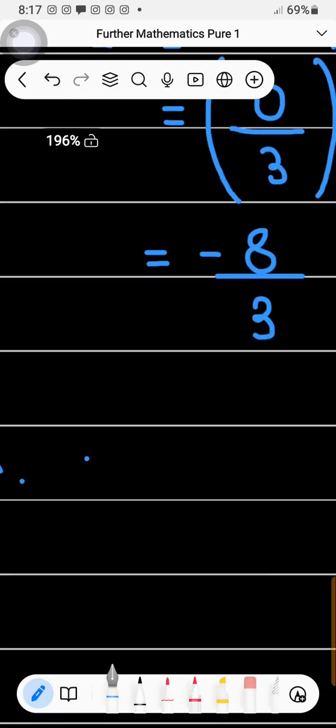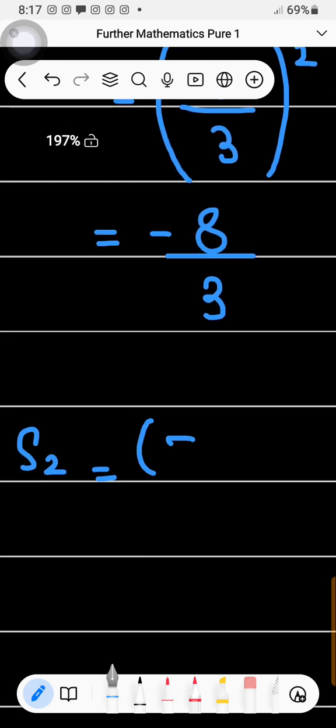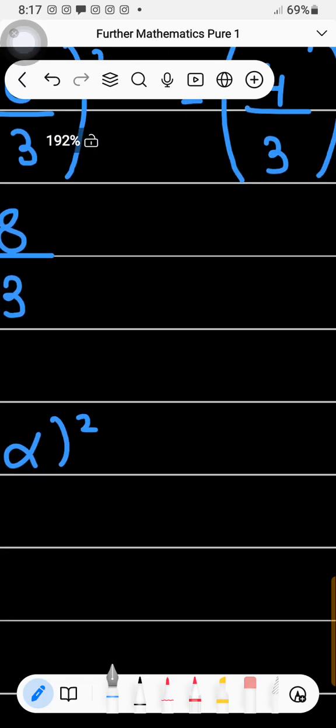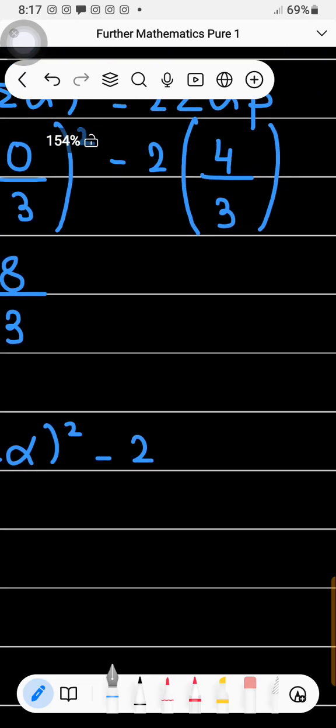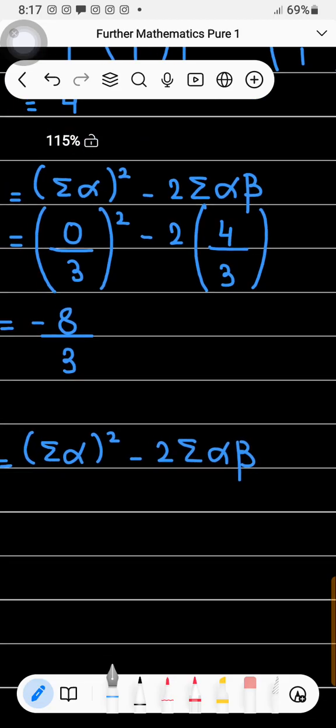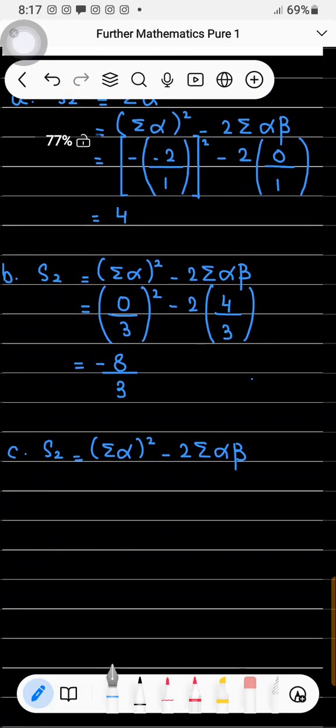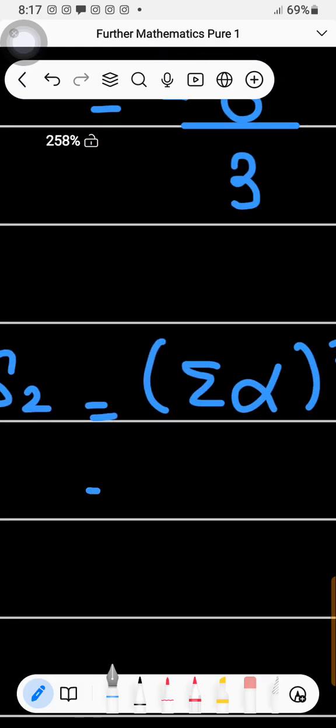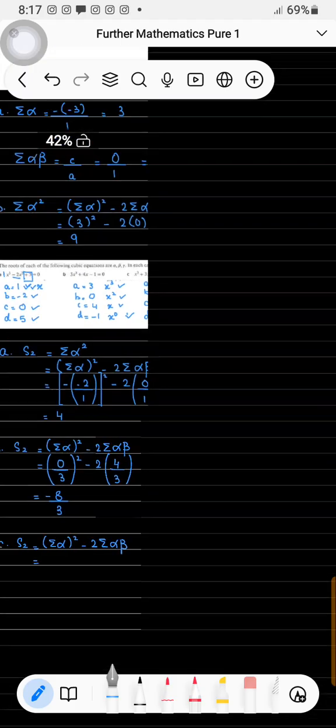First of all, we will find S2. The formula is sum of alpha whole square minus 2 sum of alpha beta. So sum of alpha is negative b upon a.